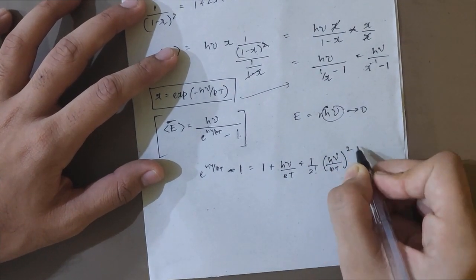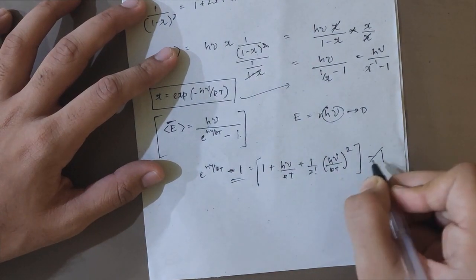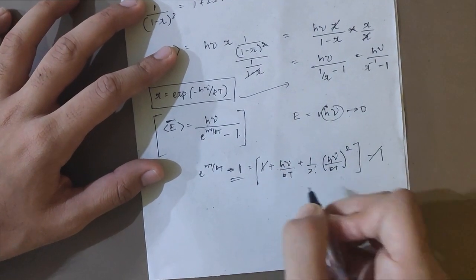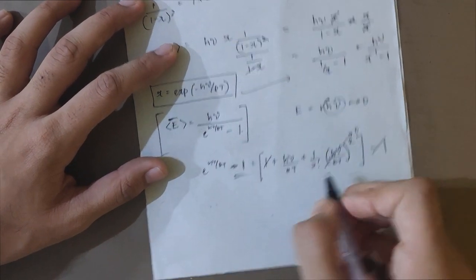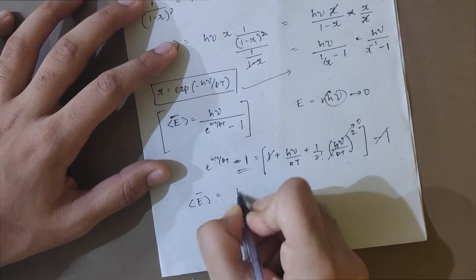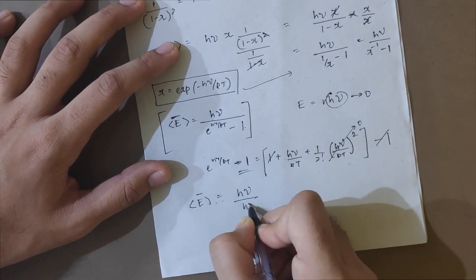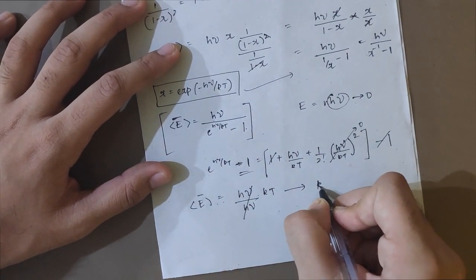Then you have the minus 1, and the 1 gets cancelled. Then you have h mu by kT. So let's ignore the higher terms because they're too small. So the average value of energy in the classical limit is h mu divided by h mu by kT, and this gets cancelled, and voila.